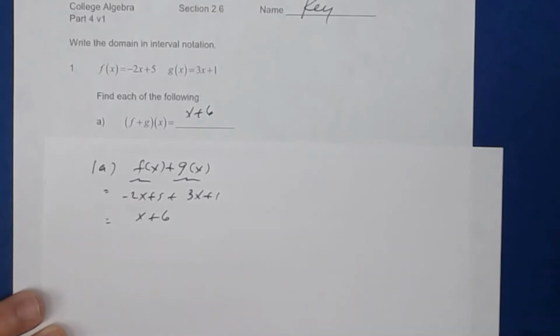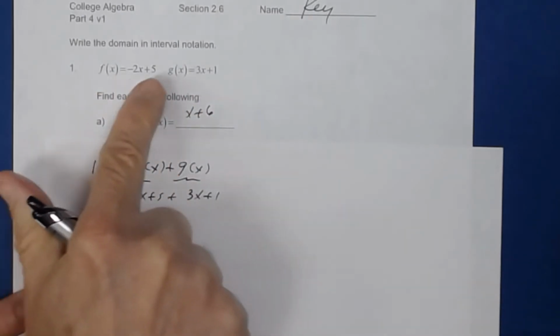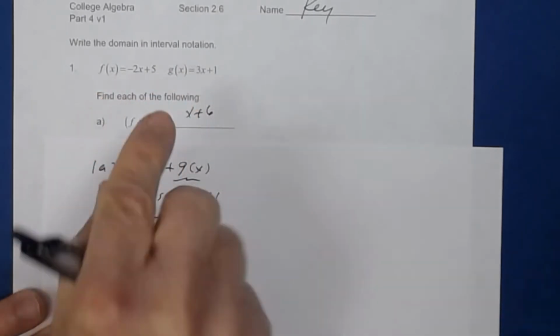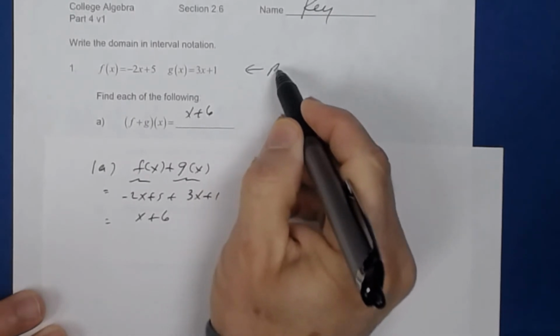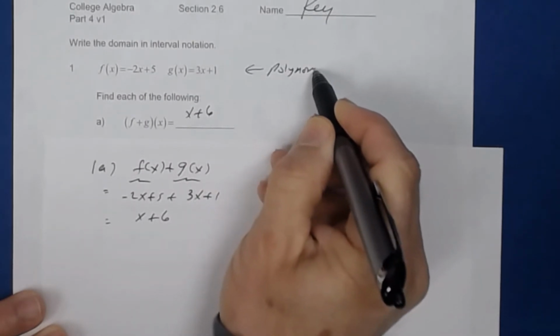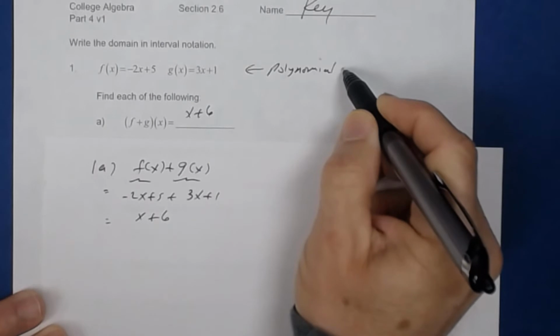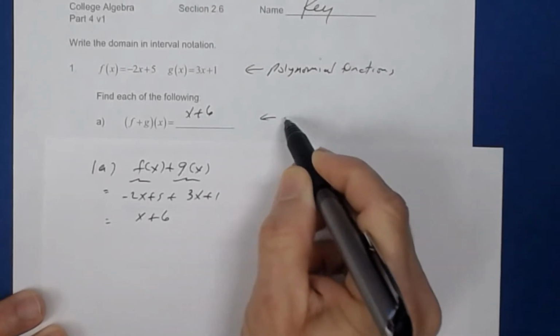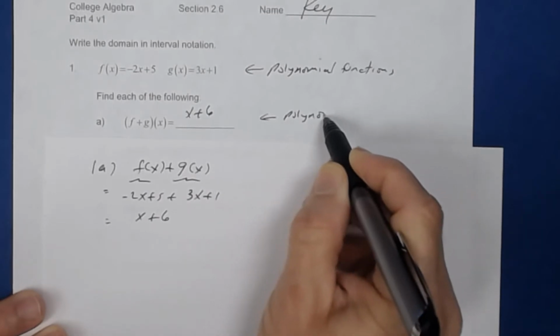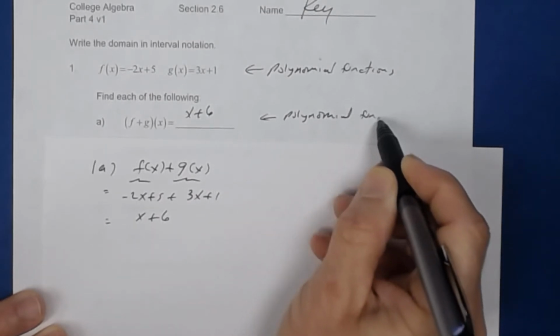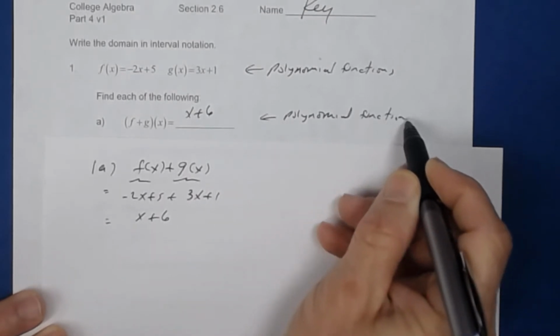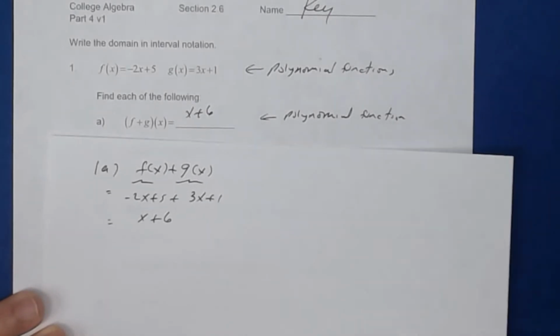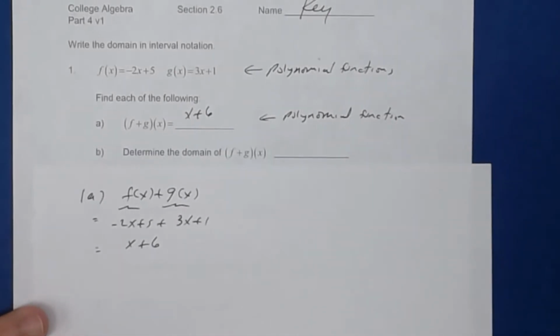Now remember, these are polynomial functions. When I add two polynomial functions, I still get a polynomial function. In a previous lesson, we saw that the domain of a polynomial function is all real numbers.